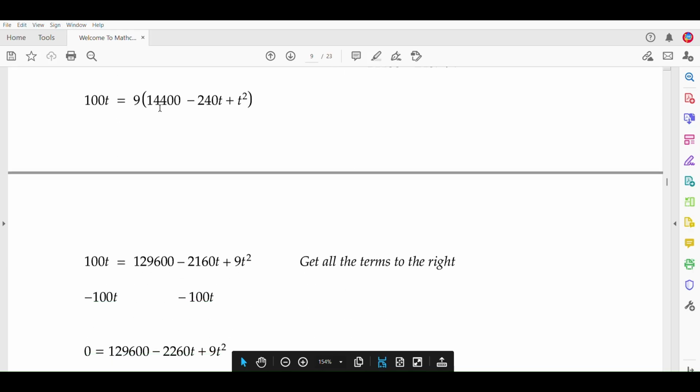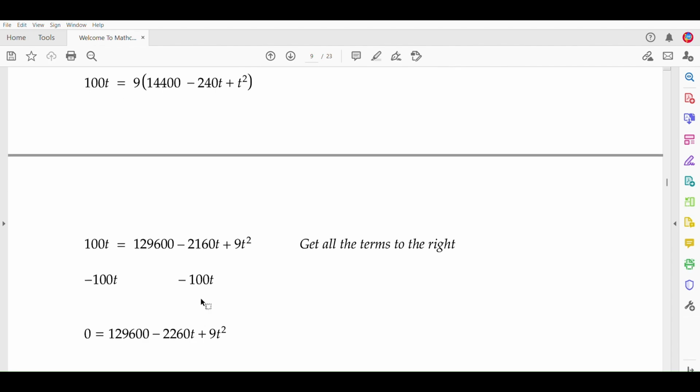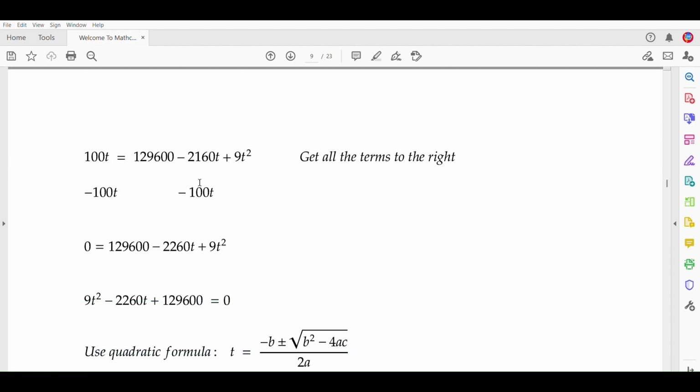Rather large numbers. Don't be afraid of large numbers. Simply proceed. Now that's a quadratic equation, degree 2. So you must get everything to one side and 0 on the other. This is 100t. I'm subtracting 100t. Once I do that, on the left I have 0, on the right I have all of this.